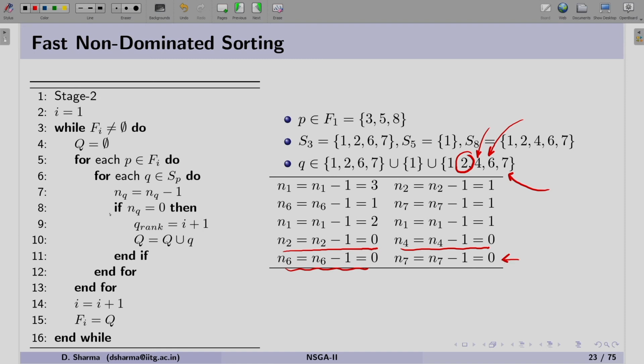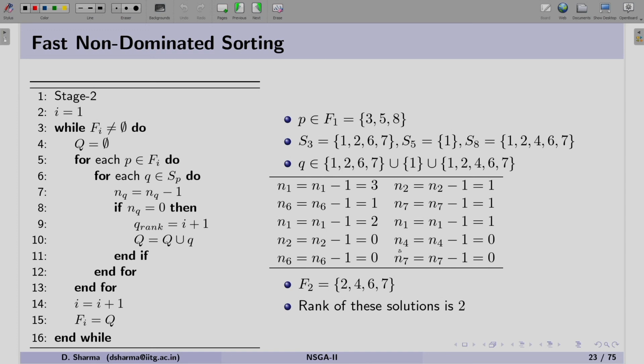Now, if we look at step number 8 on the left hand side, it says that if there is any solution which has NQ equals to 0, then we are going to assign a rank I plus 1. So, since I is equal to 1, this will become rank 2. We will be adding this Q into the capital Q. So, if we look at the right hand side table, we can find N2, N6, N4 and N7.